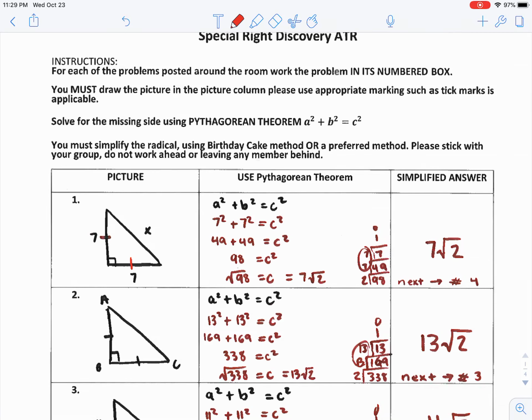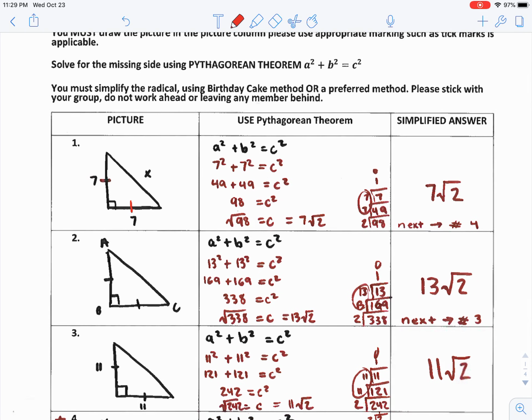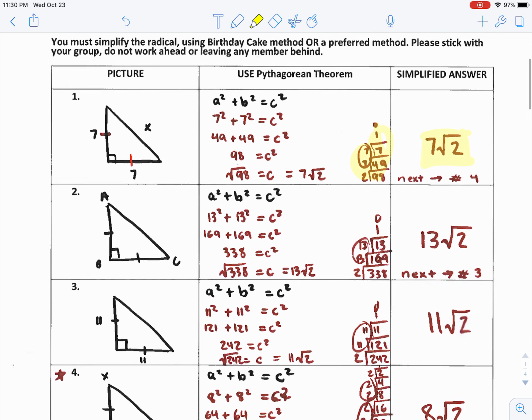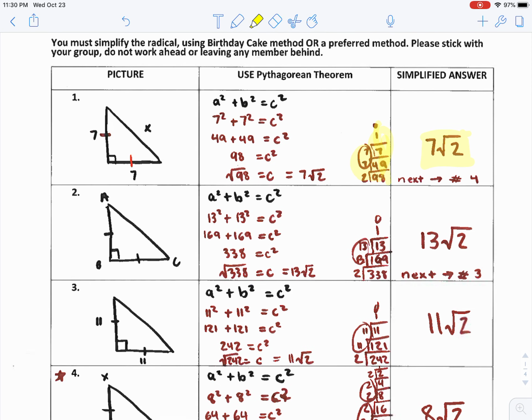All right, so if you did your around the room correctly, it should look a little something like this. You have all your work shown. Maybe use the birthday cake method to simplify your radicals. And if you did this correctly, you should notice a pattern.